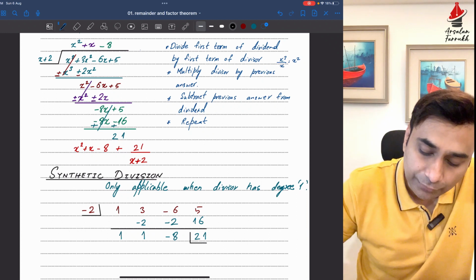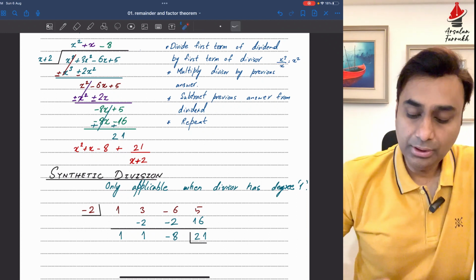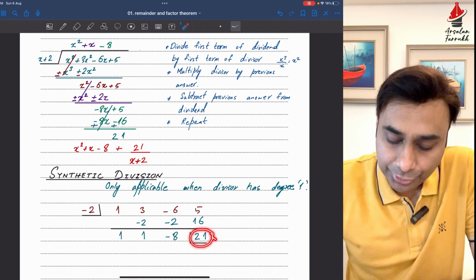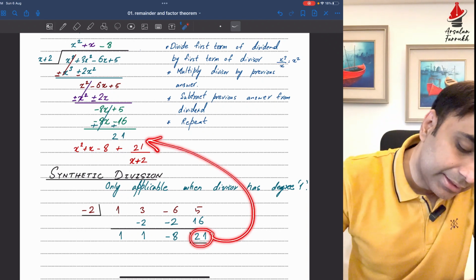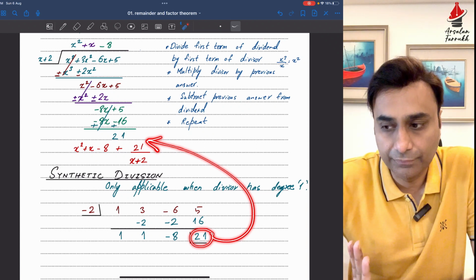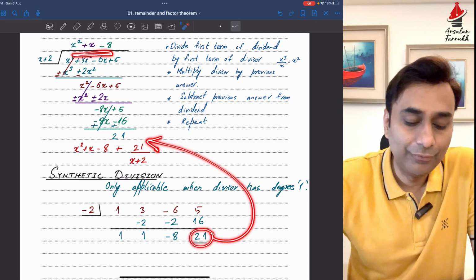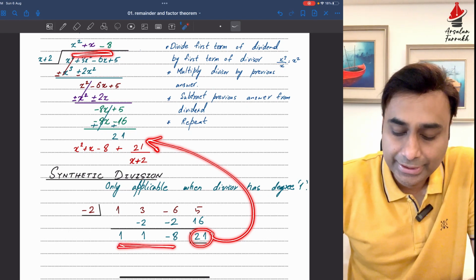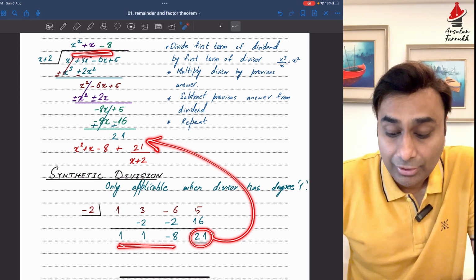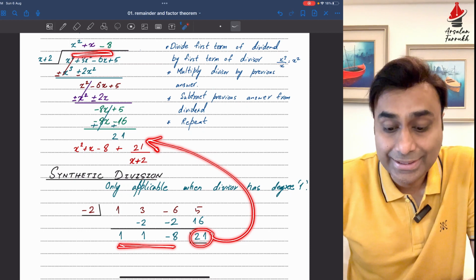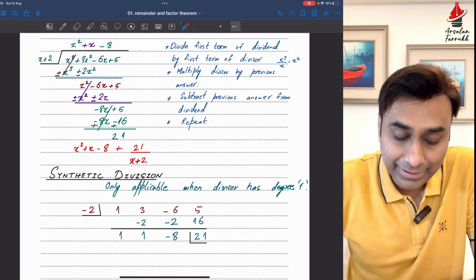Make a small box over here to separate the last number. Now what happens is that directly the number that you get over here is basically the remainder. So in one step, you've gotten yourself the remainder. Not only that, you've gotten yourself the quotient as well. Now these numbers over here are the coefficients of the quotient with 1 degree less than the dividend.